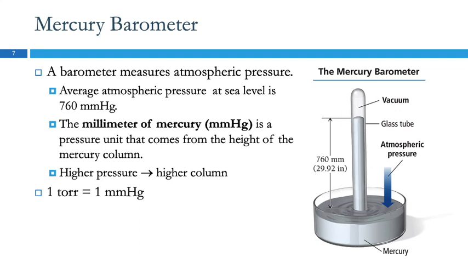We don't see that if we're playing with cups of water in the bathtub or something. You can invert a cup under the water and lift it up and the water will stay in the cup. It's like, ooh, cool. And then you lift it up a little further and then it all gushes out. We don't see this vacuum with water because the column of water would have to be about 30 feet tall, 30 meters tall, in order for it to make that vacuum.